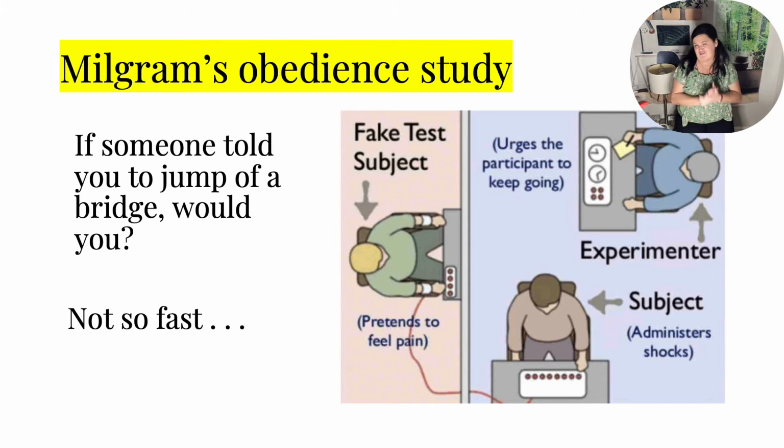So in this study, it's famous for, if you look at the diagram, it pretty much sets up the experiment for you. So you have a fake subject who is pretending on the other side of a wall to be shocked electrically by another person doing the shocking. The other subject is told, whatever you do, you have to follow the directions here.